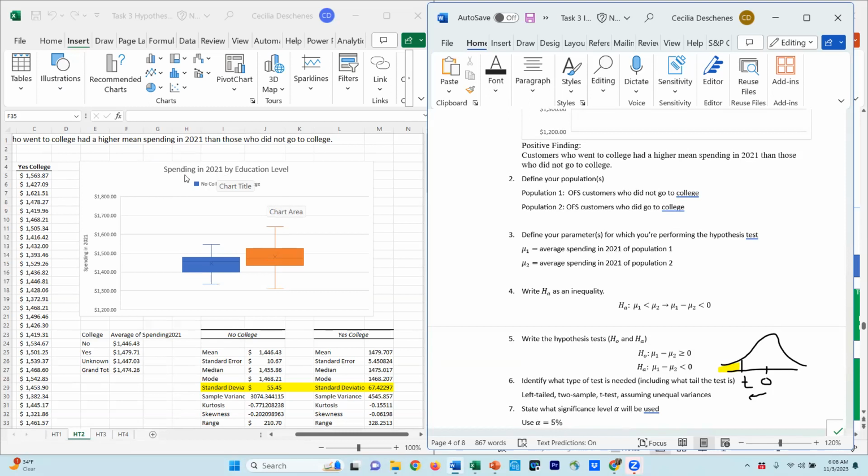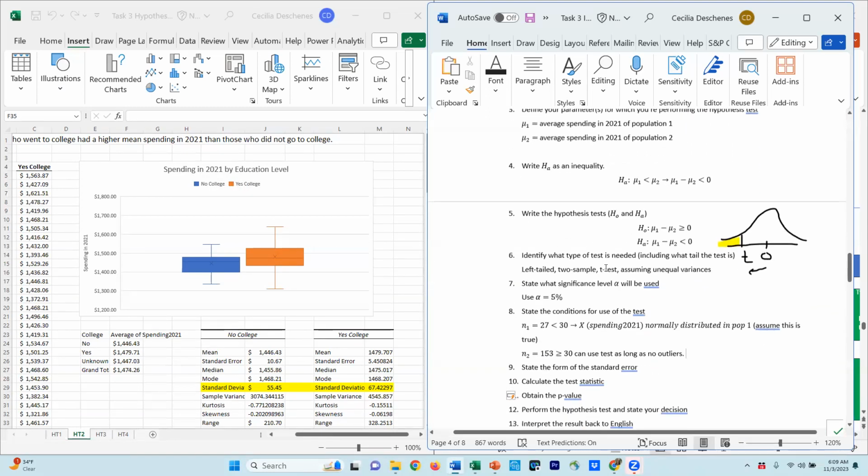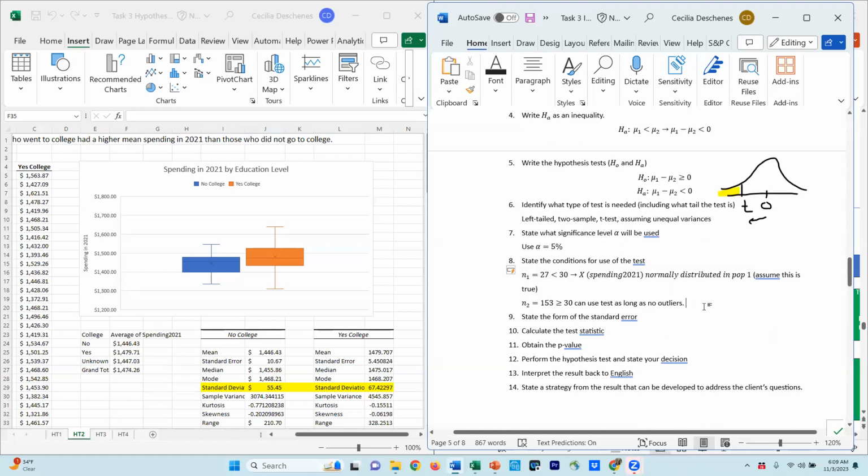We could have had to run this analysis twice, with the outliers and without the outliers. With the outliers, we would have needed a different type of test because the t-test doesn't do so well with outliers.